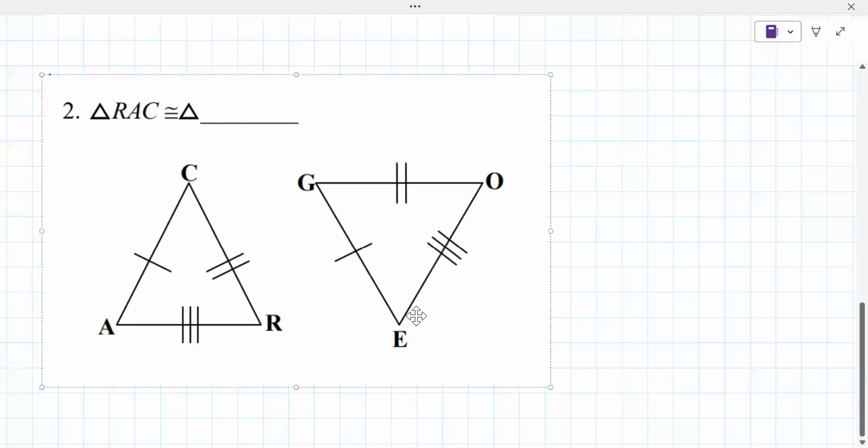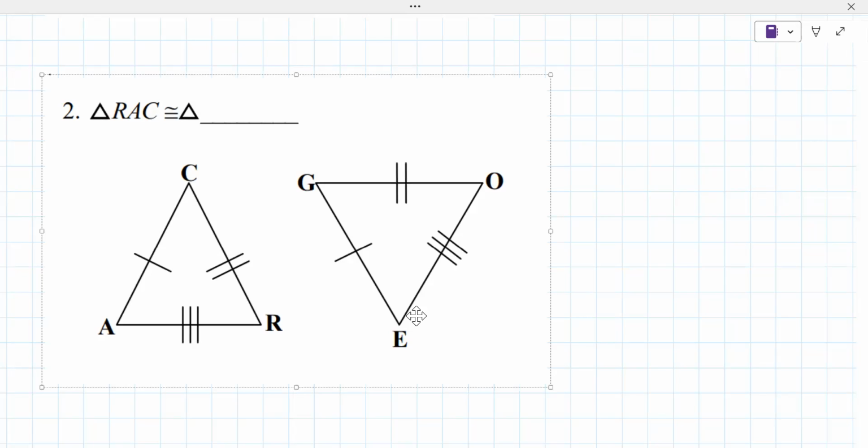Might not be a full minute, but then give me the full answer, please. All right, so what do you think here?